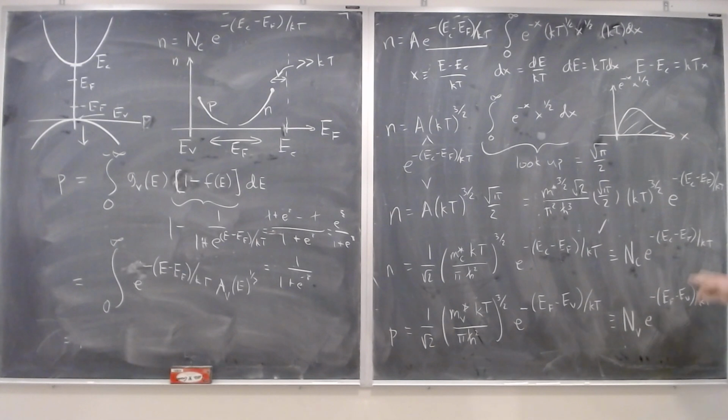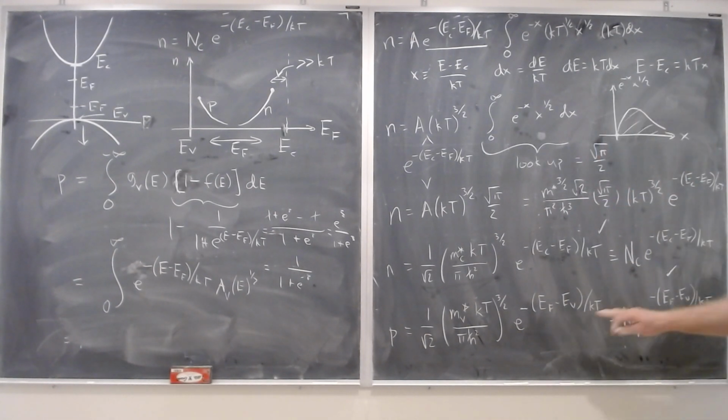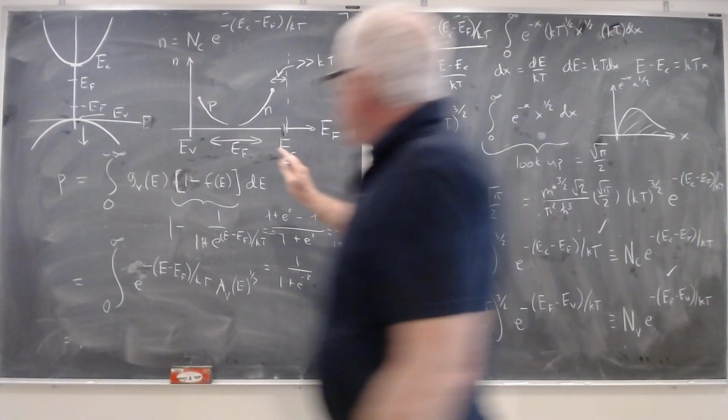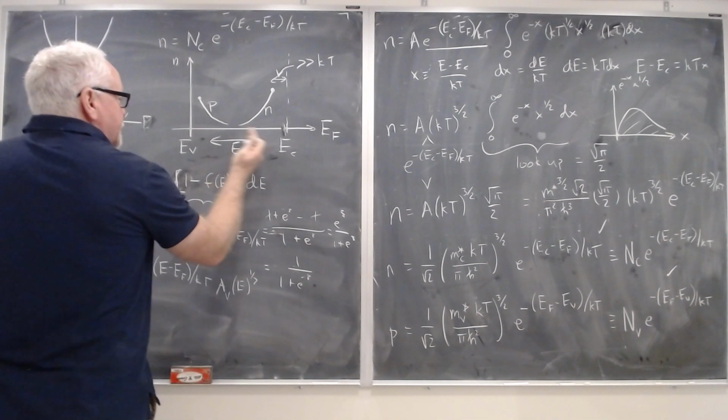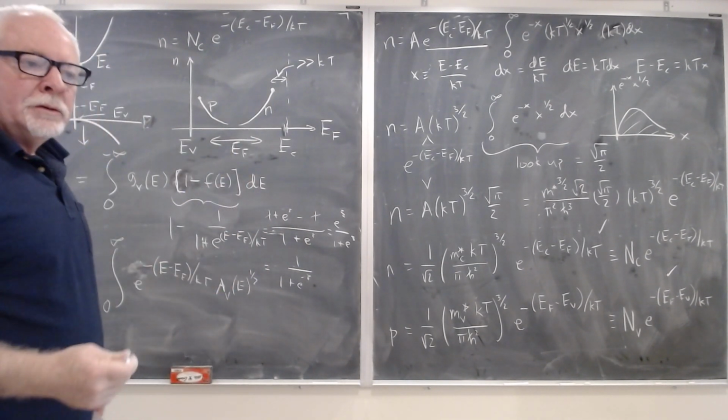All right, so let's just sit there and one more time go over this, because this is our answer here. This is what N and P are, using the Fermi energy as our parameter, telling us what N and P are, as the Fermi energy varies in the band gap, depending on our doping level.